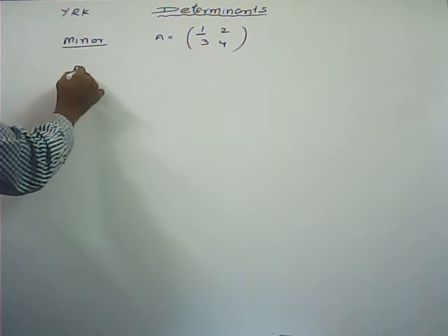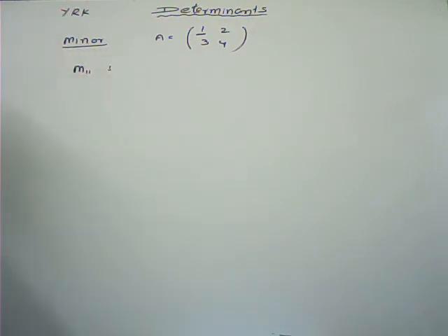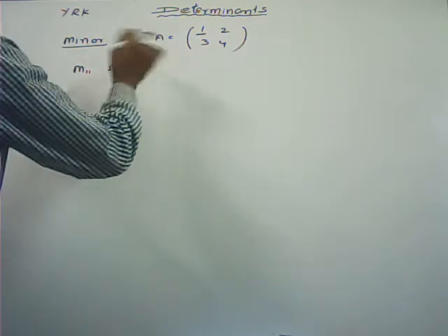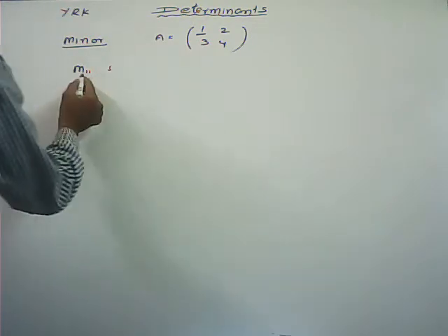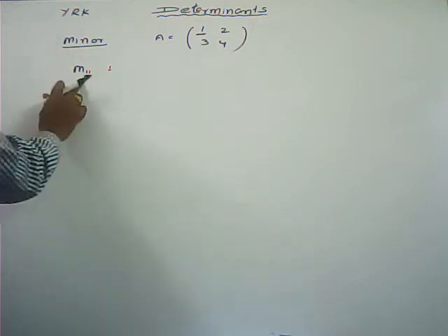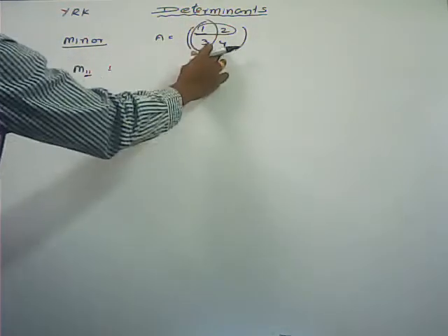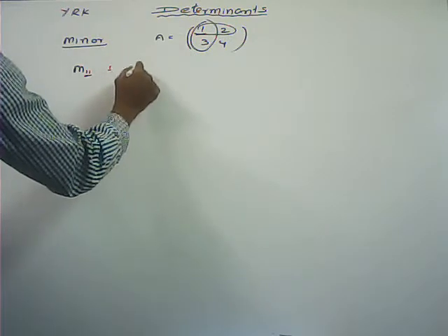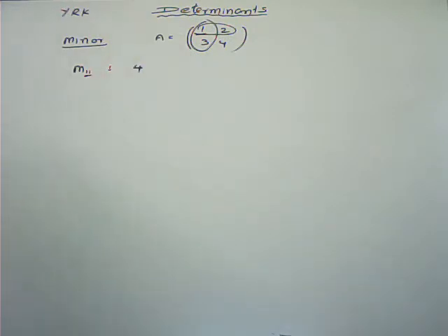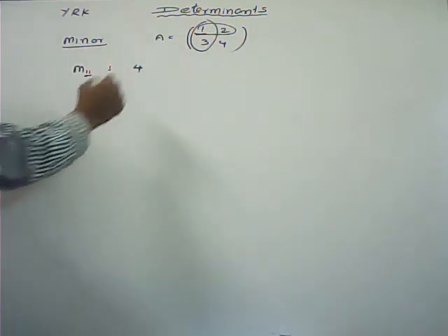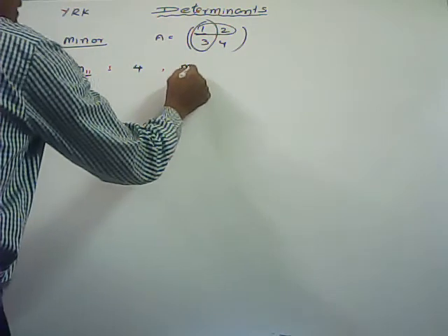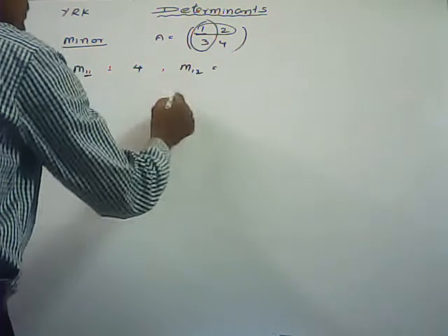M11 is the minor of the first row first column element. It is obtained by removing the first row and first column, and then we get 4. So 4 is the minor of the first row first column element. What is the minor of the first row second column element?